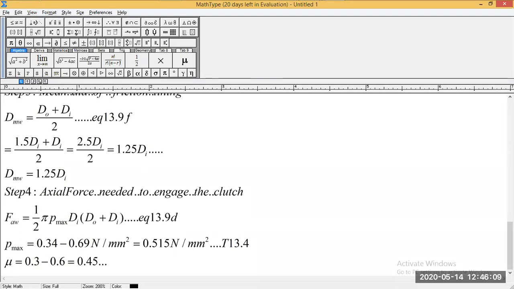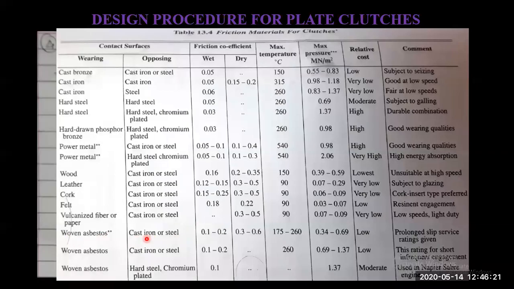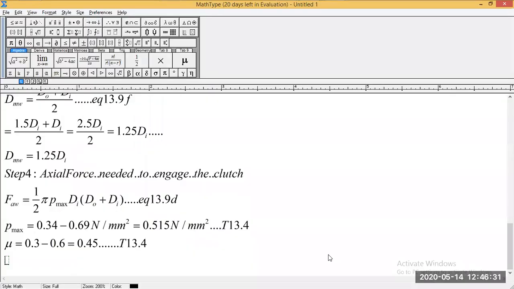We'll keep it like that, and this is from table 13.4. So both values P and mu, let's keep them. Since it is not given whether wet or dry, I've assumed dry and taken this. If it's wet, you need to assume this and take these parameters respectively, right?